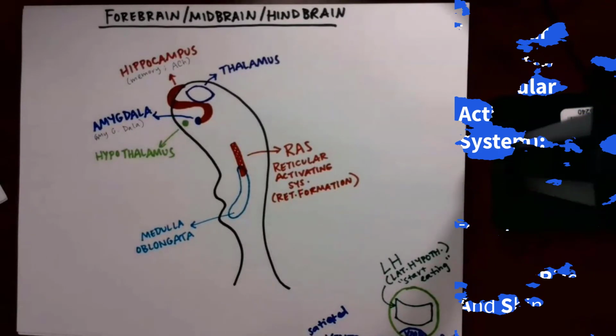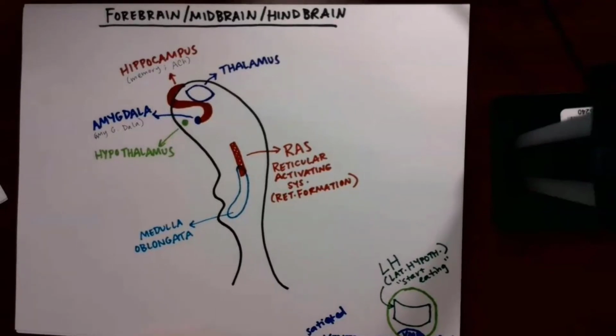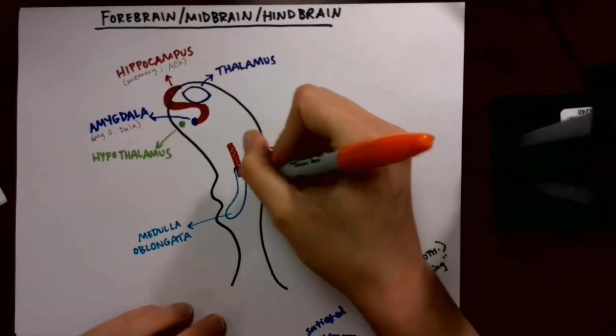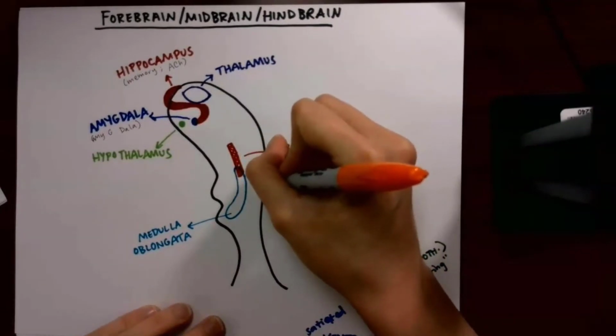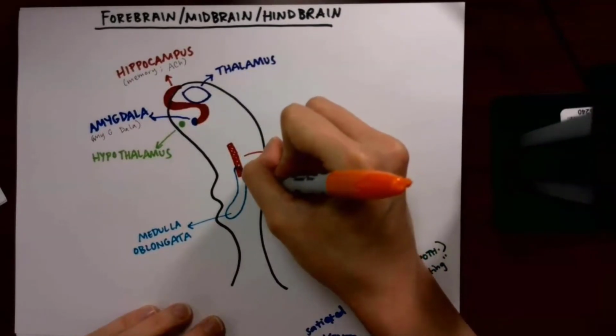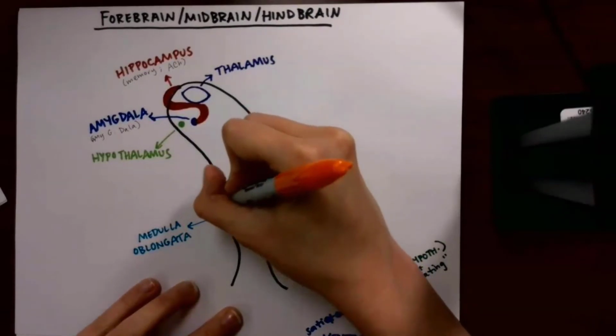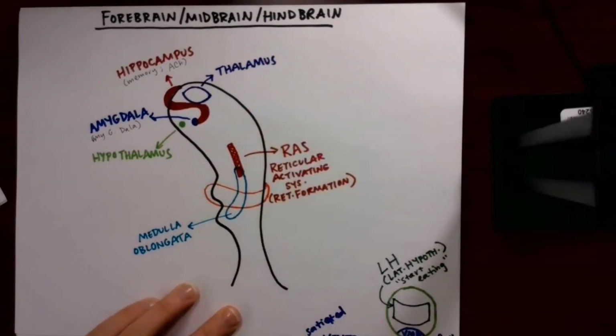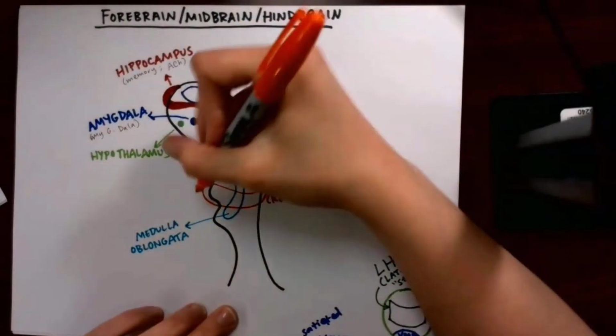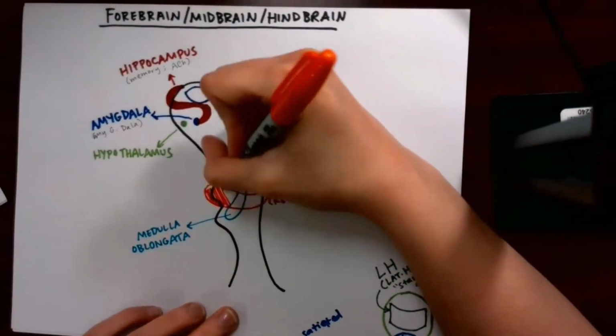That's our RAS. Right? Now I'm going to get an orange and we're going to draw a little guy that's kind of wrapping around this whole section here. So I'm going to start over here on the right, and I'm going to draw kind of like a donut going around the midbrain here. Okay, and we'll color that in.